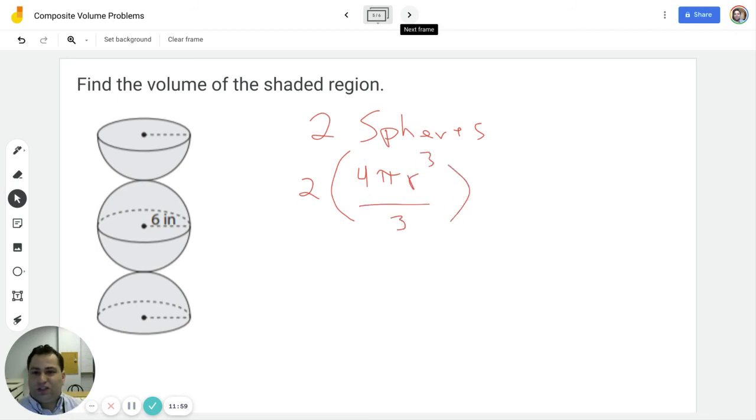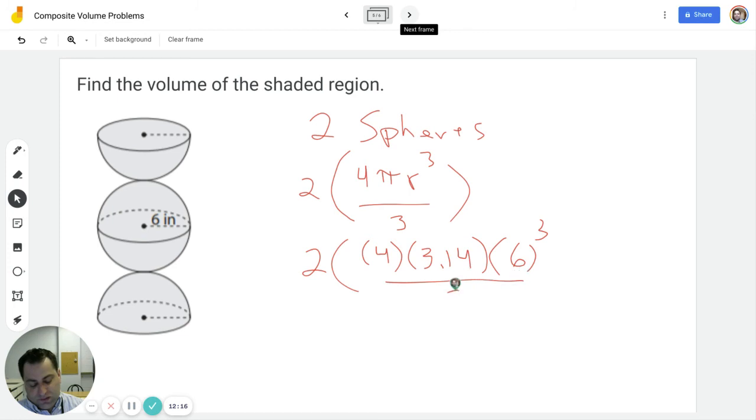We have all the information we need here. So we have 2 times 4 times 3.14 times 6 cubed, all divided by 3.